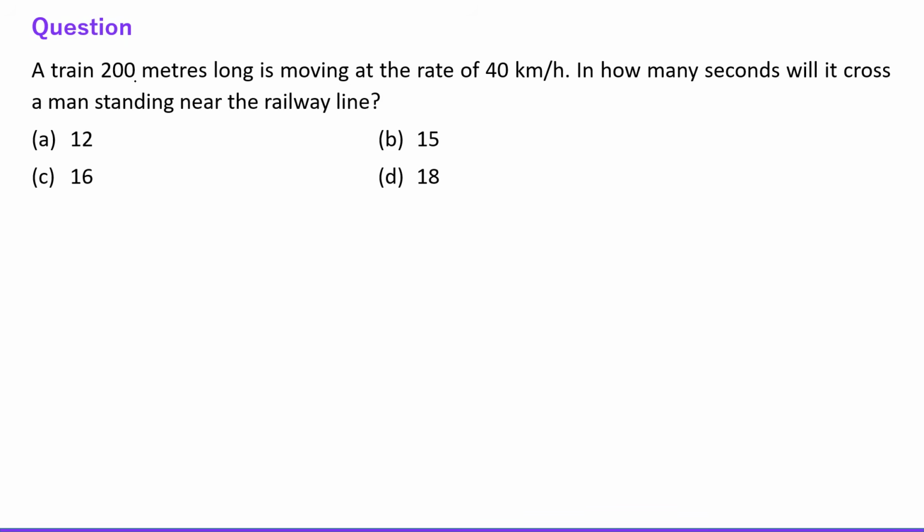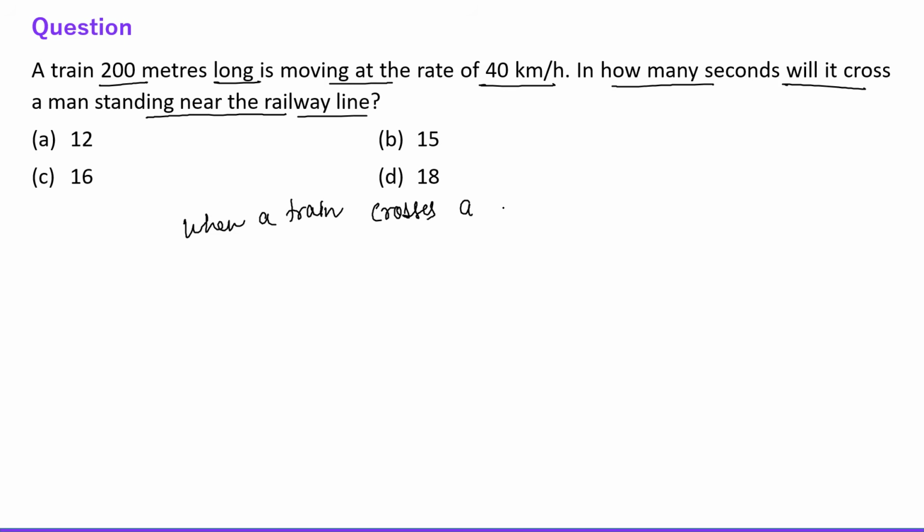The next question says a train 200 meters long is moving at the rate of 40 kilometers per hour. In how many seconds will it cross a man standing near the railway line? When a train crosses a man, it covers its own length.